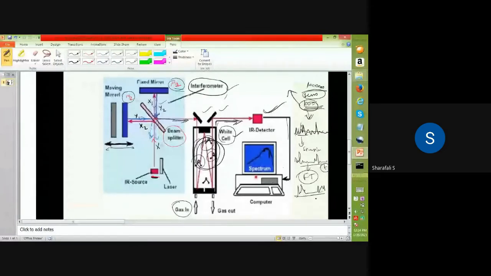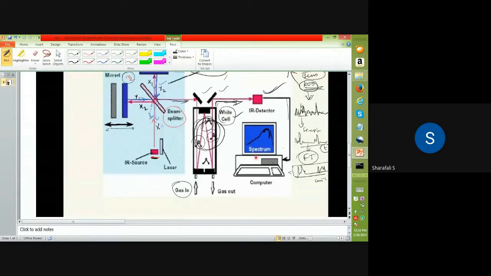The system will convert all those things, and then we'll get the transmission or absorption. So this is the basic technique that we use in IR spectroscopy.